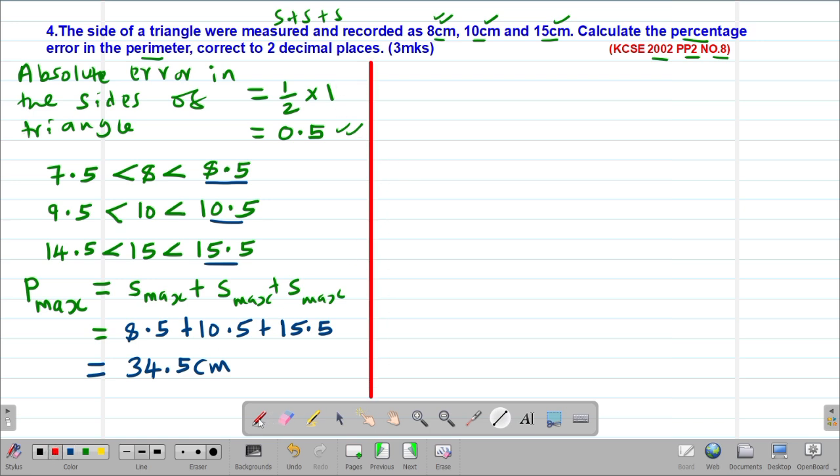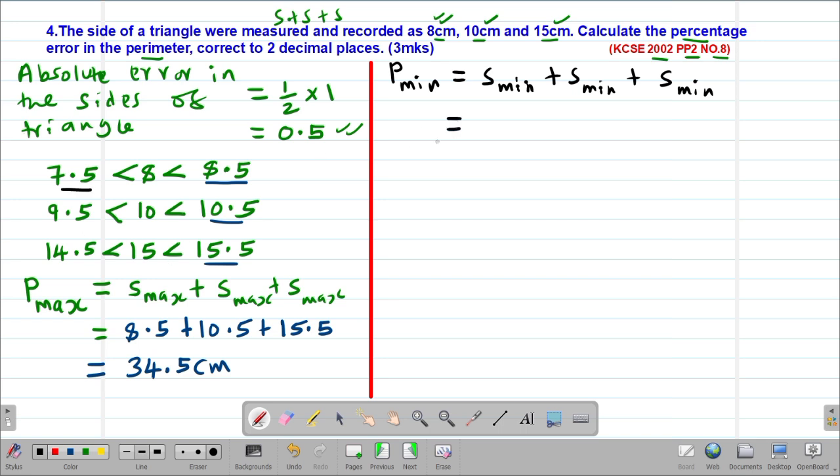We'll also get the minimum possible perimeter, because when we get the absolute error in the perimeter, we'll need both the maximum and the minimum values. So P minimum, the minimum possible perimeter, will be given by the summation of the minimum possible sides.